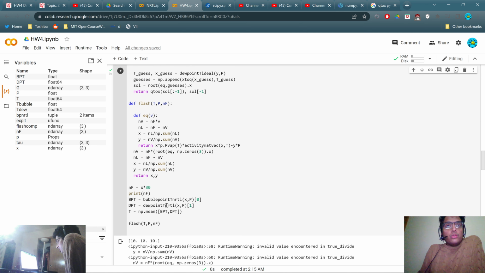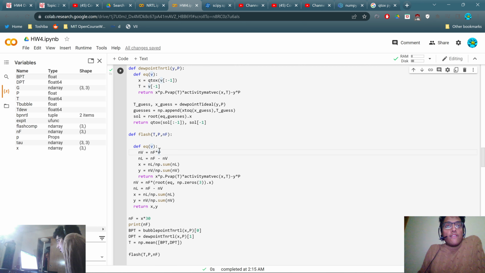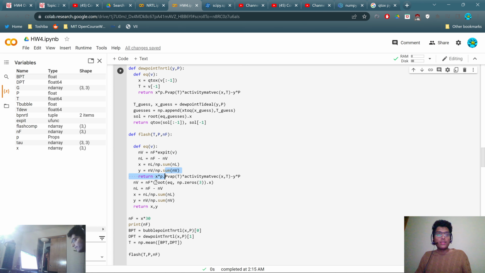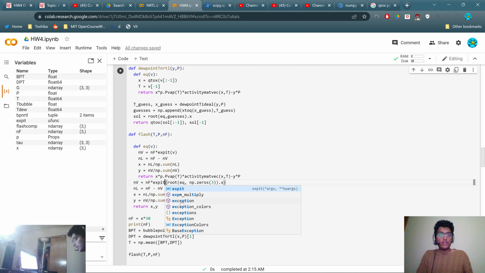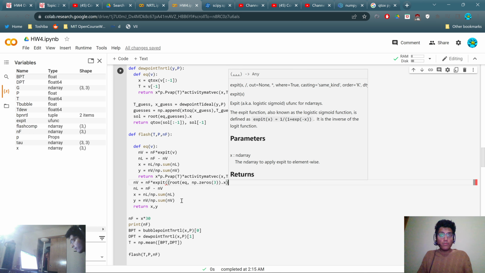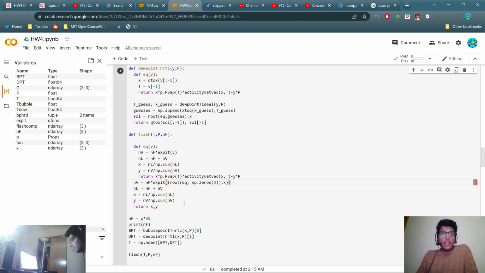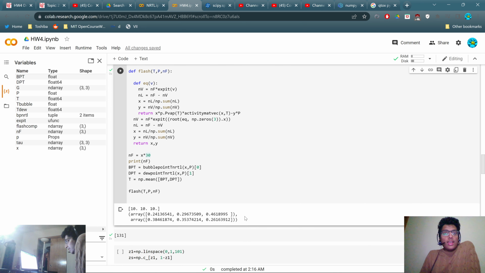So where would we do that in this flash calculation? Very beginning, we want to say expit, and then it's also going to be expit here. And those are the two places where we wanted to get rid of that constraint. And then look at that.